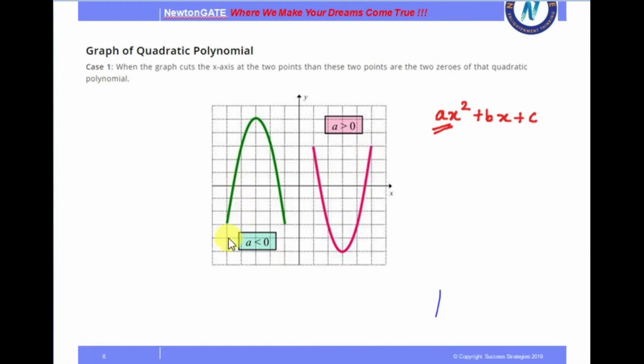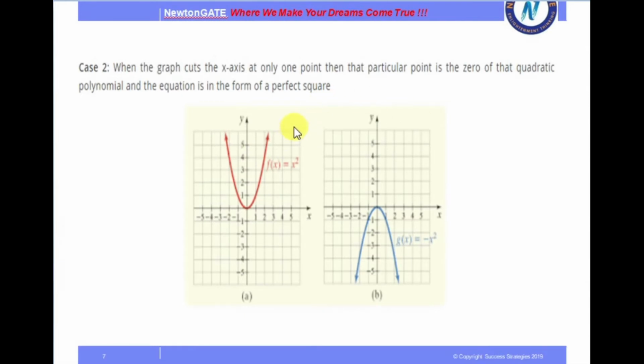And if it is less than 0, that is a negative number, the graph will look like this. Now, by seeing the graph, you can see that it is intersecting at exactly 2 points. So, graphically also we can say that yes, this polynomial is having 2 zeros, or sometimes it is also said as 2 roots. That is, this equation has 2 roots.